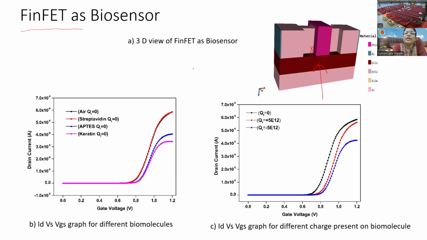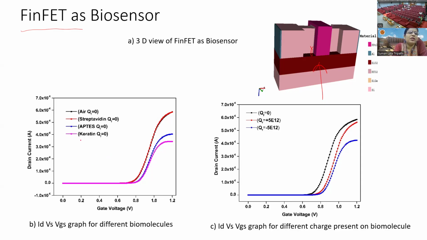The current is dependent upon dielectric properties because capacitance is dependent upon them. If you remember the basic expression of drain current, it depends on capacitance also. So by changing dielectric properties through the biomolecule, you may see different drain current characteristics.